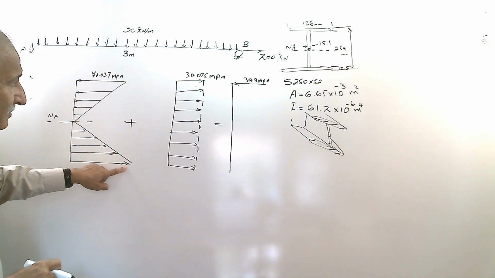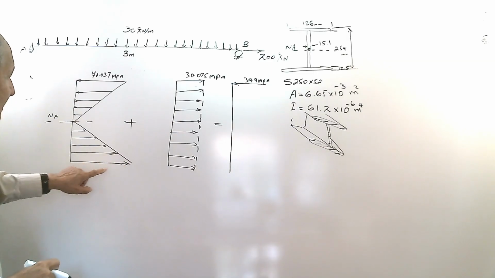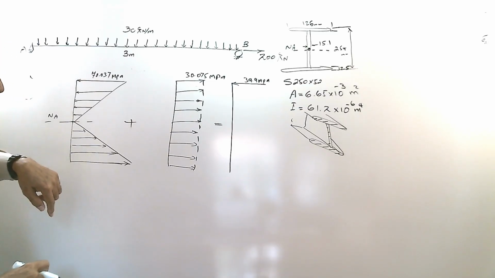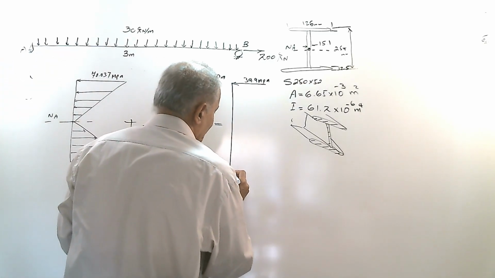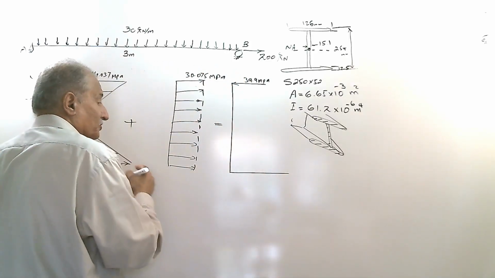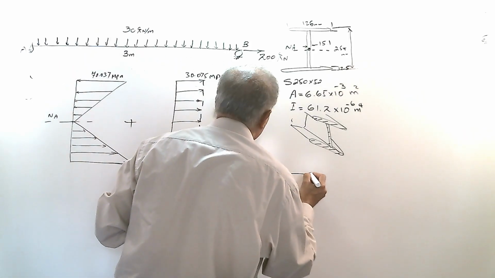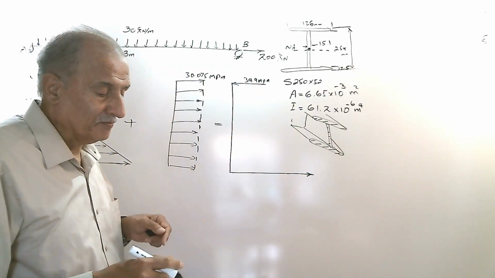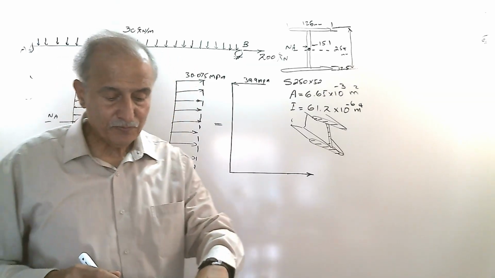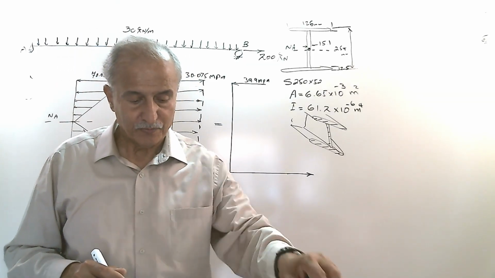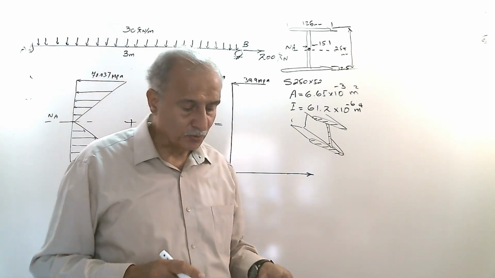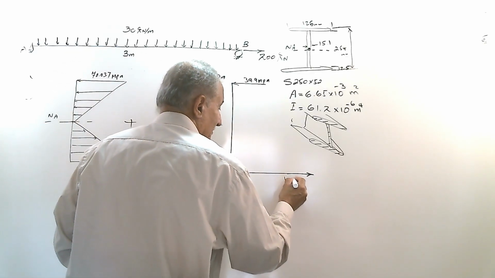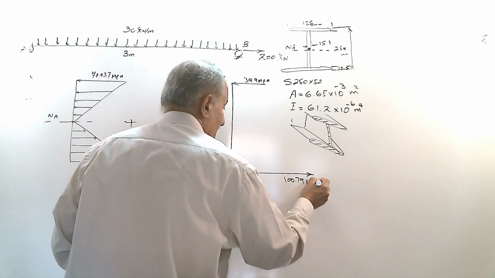And here, what we have is 70.037 plus 30.075. It is around 100, because both are tensile in the bottom. Exact value is, add them together, you get 100.79 megapascal.